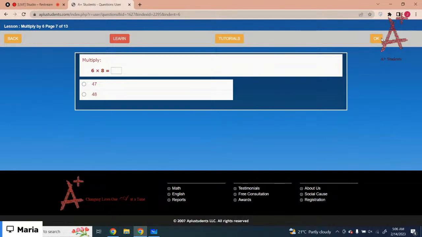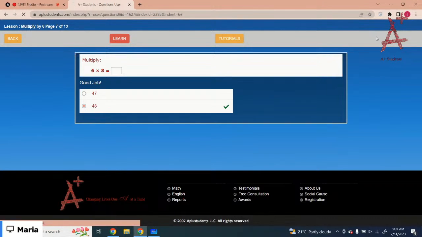The next one is 6 times 8. 6 times 8 is 48. Very good. So just select the correct option and click on the OK button.